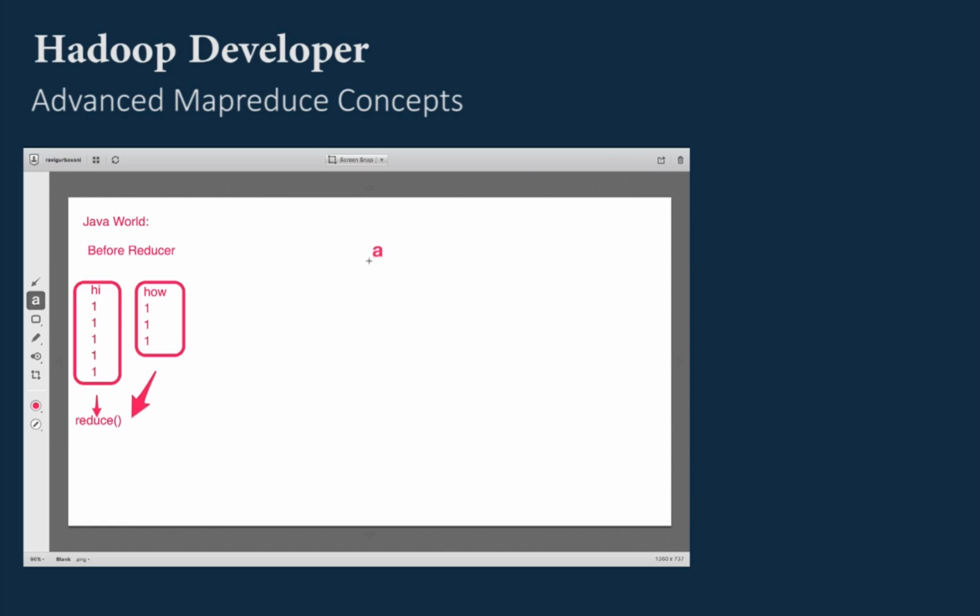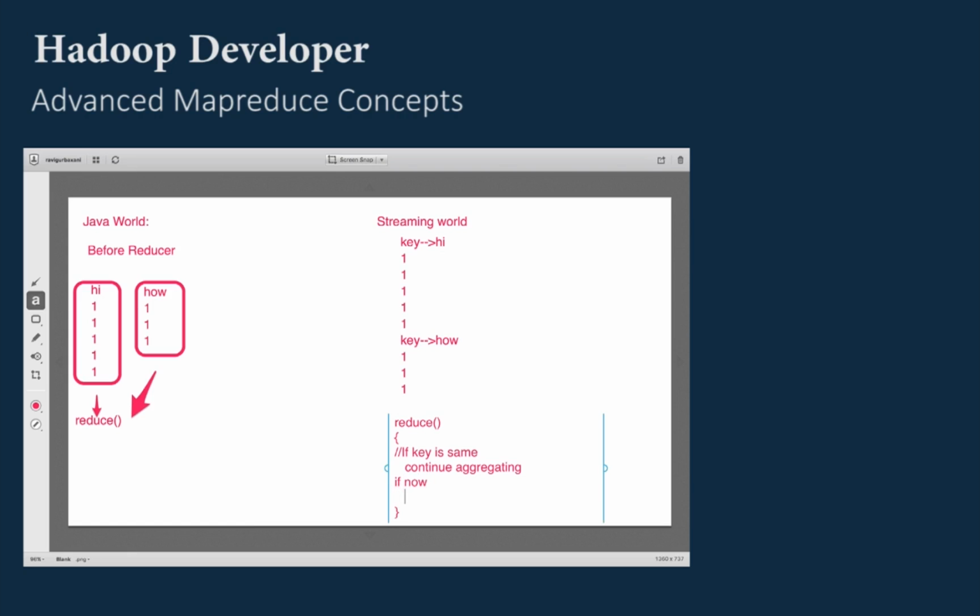But this is what we would get in the non-Java world, and the reduce function would have to keep track of it, saying if the key is the same, continue aggregating.